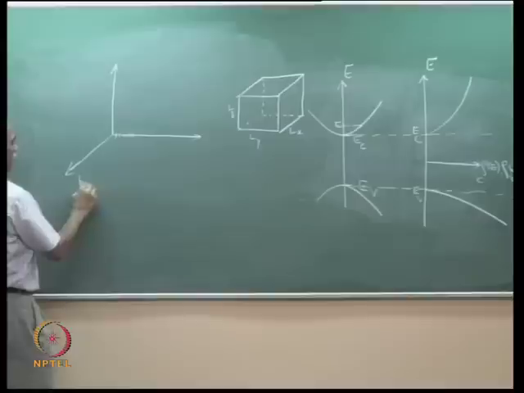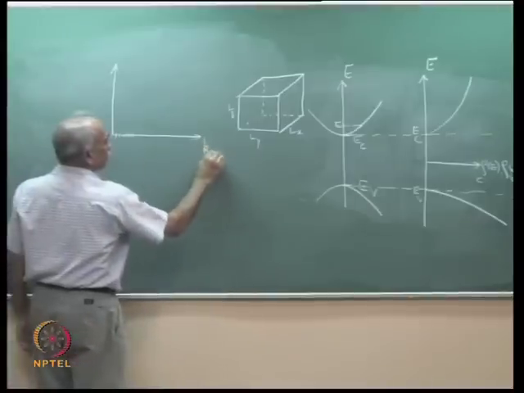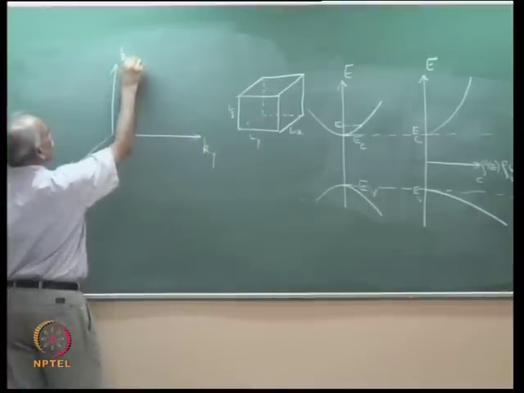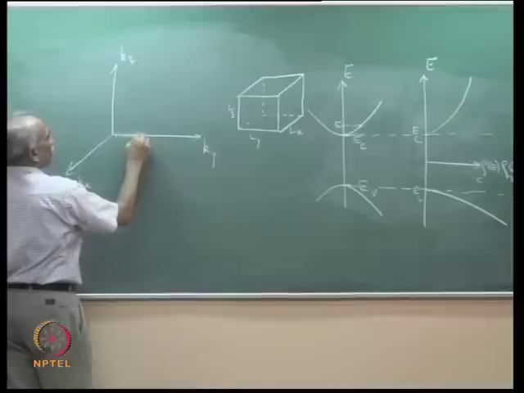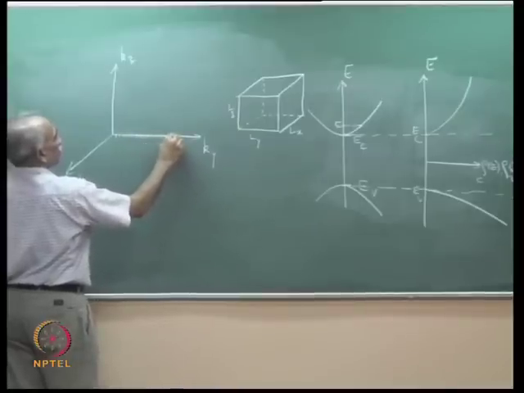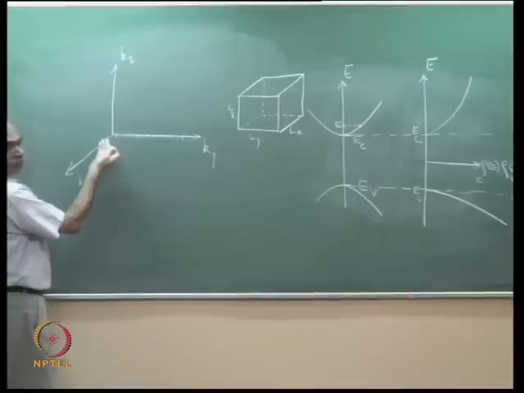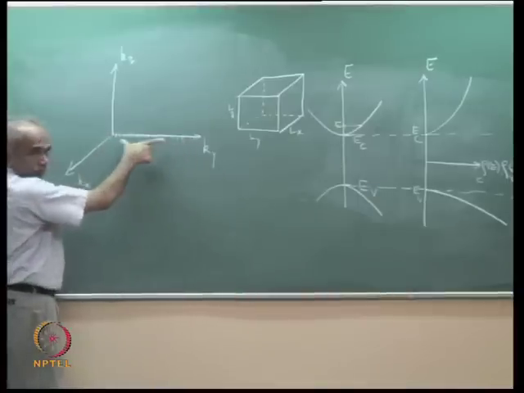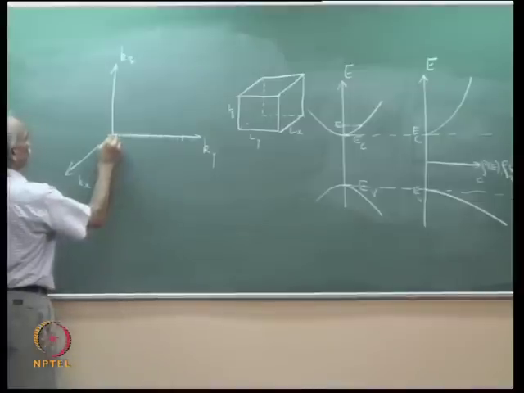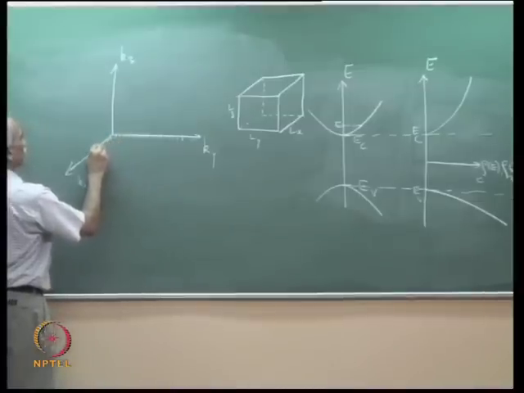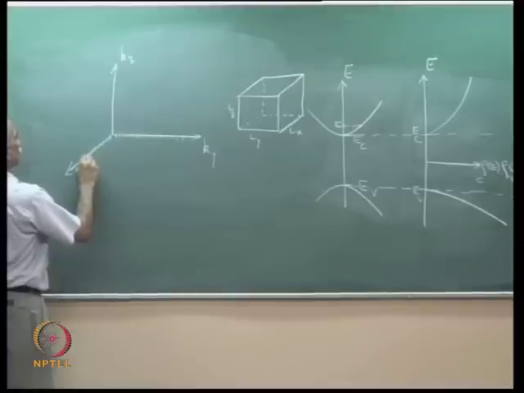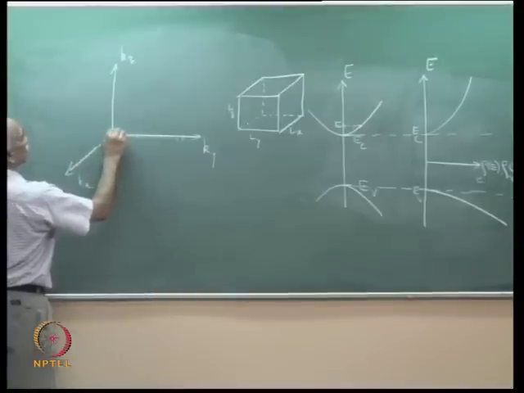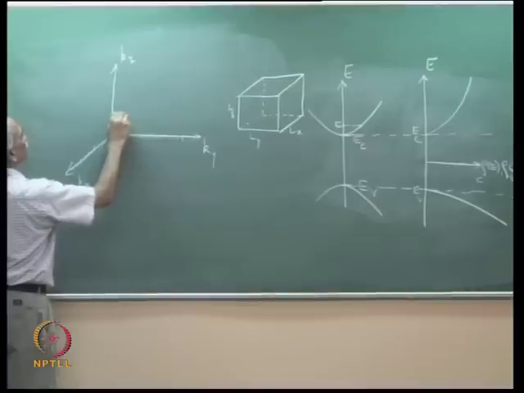So this is Kx, Ky and Kz. They are very closely separated points, starting from about 1 million points within the first Brillouin zone, a very large number of points.